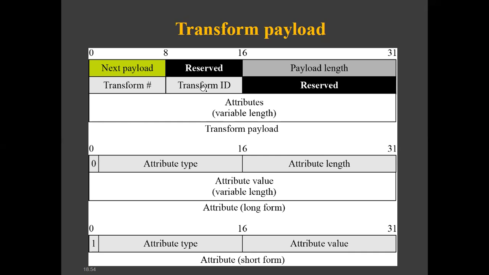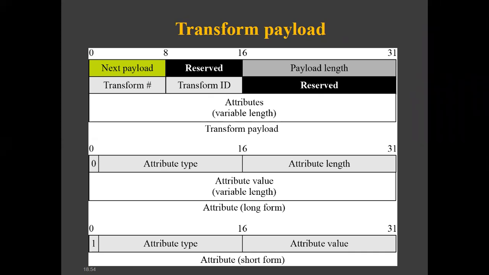Then we have a transform ID. So this 8-bit field defines the identity of the transform. Then the attributes, these are variable length. Each transform payload can carry several attributes. Now, each attribute itself can have 3 or 2 subfields.